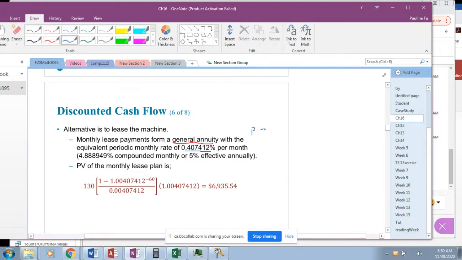Remember what is P? P equals 1 plus I raised to power C, minus 1. And what is C? C equals CY over PY.